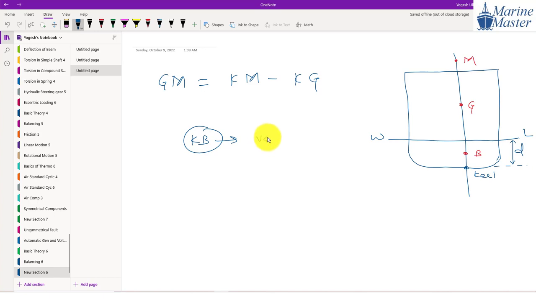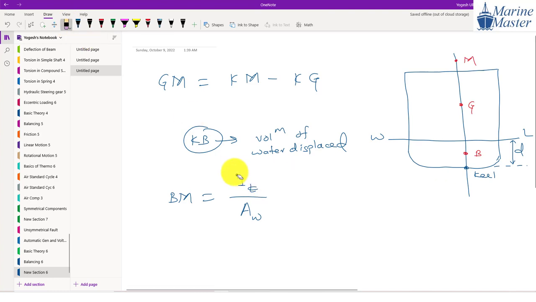And what is the relation of BM? We have seen yesterday: BM depends on I center line upon AW. I center line is the second moment of area about the center line of the water plane, and AW is the area of the water plane. If there is no change in draft, the water plane area remains the same, so I center line and AW will not change.